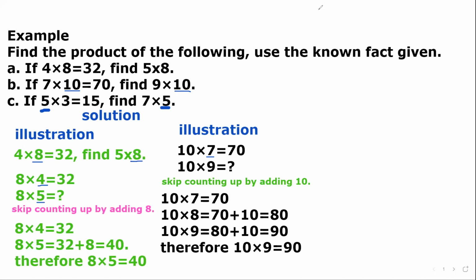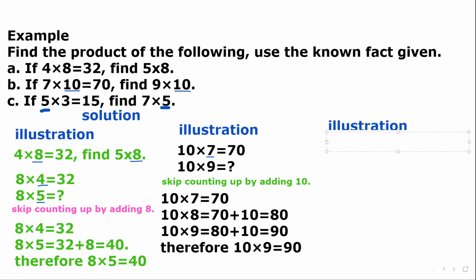Then let me write my solution or the illustration. I have already written the solution. So the illustration, okay, good. Now the C, the known facts, we must start with the multiplier. We have established that the 5 is the multiplier because 5 is the particular number that appears in the known fact and at the same time appears in the unknown fact.